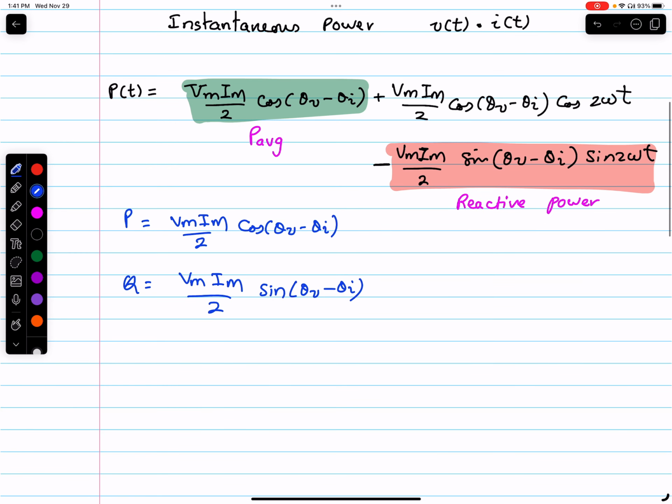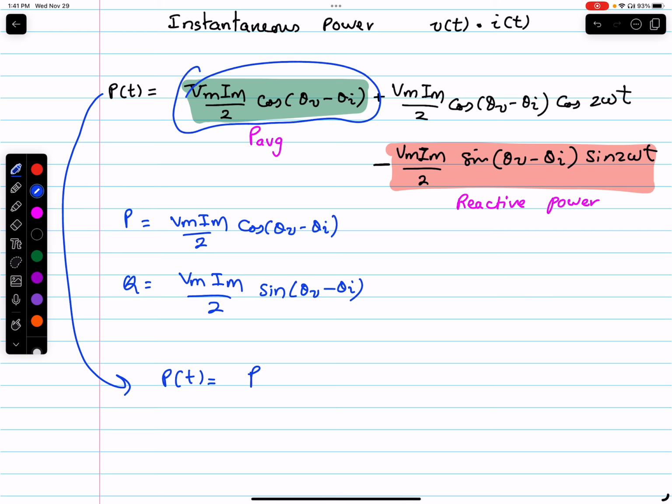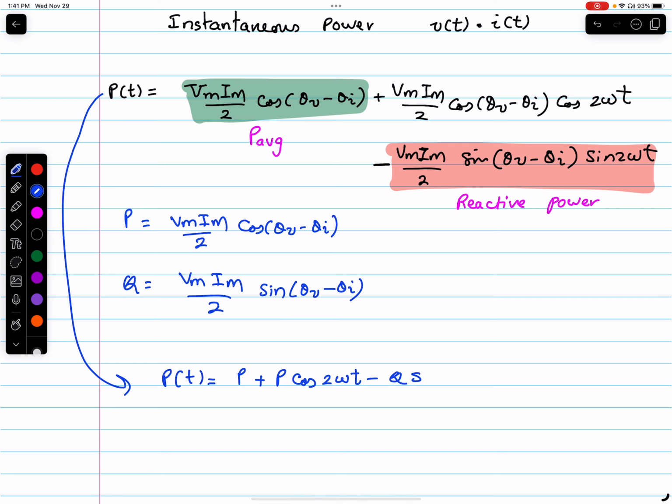Then we can write the equation p(t) as, because all of this is P, right? So Vm Im over 2 cos(theta v minus theta i) is nothing but P, so p(t) equals P plus P times cosine 2 omega t minus Q times sine 2 omega t.